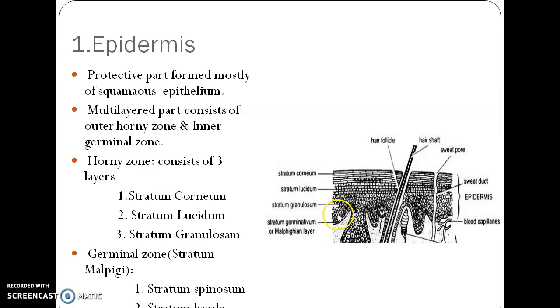This germinal layer or malpighi layer consists of two different layers: stratum spinosum and stratum basale. So the stratum spinosum and stratum basale constitute the germinal layer, or stratum malpighi, or malpighian layer. So this is the part of epidermis.